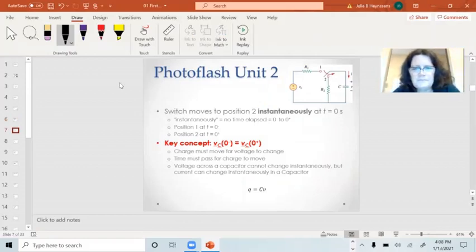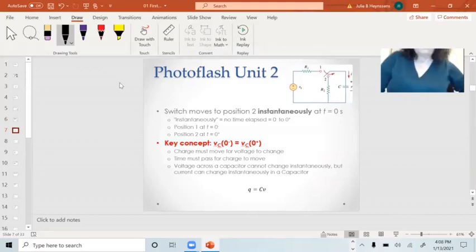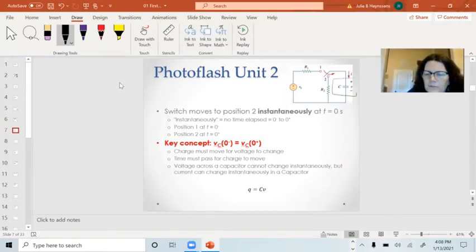Now the next thing that's going to happen is the switch is going to instantaneously, taking 0 amount of time, move from position 1 to position 2. And we talked about this yesterday. Energy in a capacitor is stored in the form of charge.